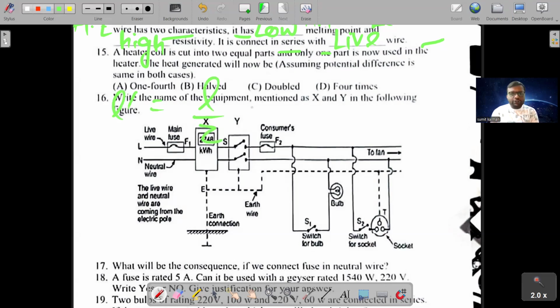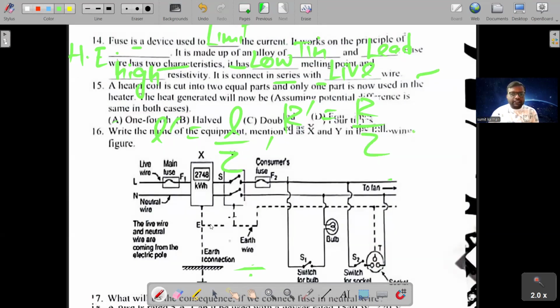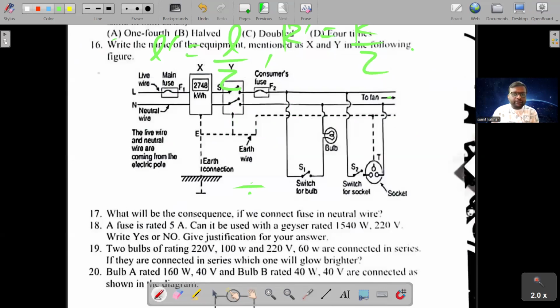As we all know, resistance is directly proportional to the length of the conductor. So if the length has become half, the resistance will also become half. The potential difference is the same, so the current will become V by R dash, so 2V by R.